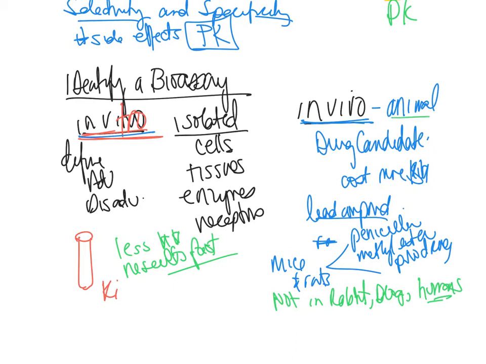So when you're thinking about in vivo and animals, a lot of times you have to try all different species. A lot of times they'll use transgenic animals. So what are transgenic animals? These are animals where the genetic code has been altered.